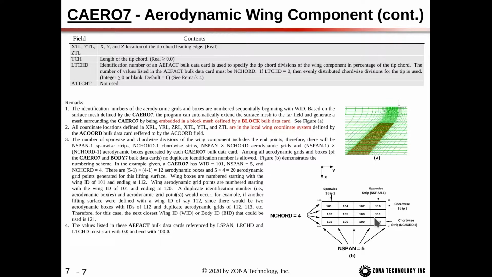So you want to make sure that you have sufficient spacing between ID numbers of all of your C-Aero7s, which is why I'll usually use increments of 1,000 or 10,000. That gives me plenty of room to have as many C-Aero7s, and then each of my C-Aero7s can be as big as I want. So of course the limiting factor here isn't the box IDs, it would be the grid IDs, because there are more grids than boxes.